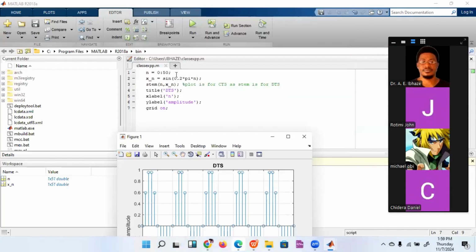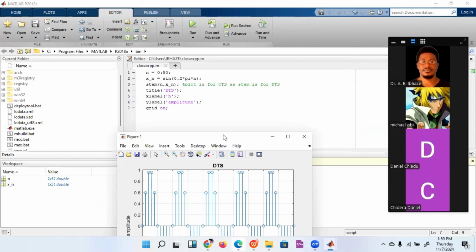I defined the relationship, so it varies by changing the value of n. When n is 0, it gives me a value, when n is 2, it gives me a value, when n is 3, and when n is 50, it follows that relationship. Okay, sir. Thank you, sir.